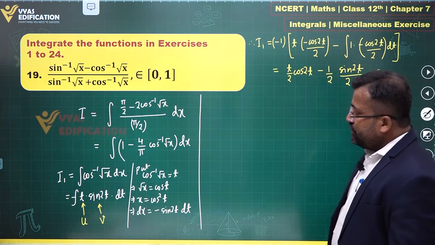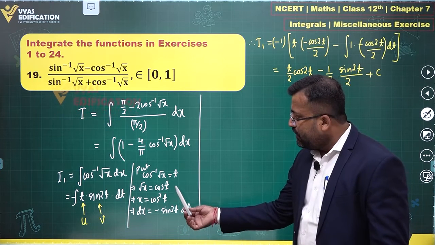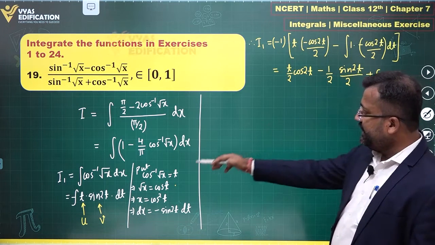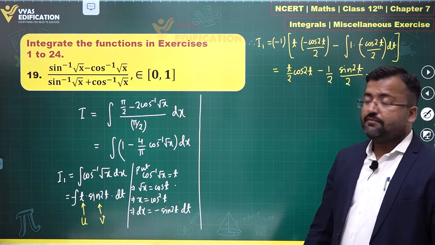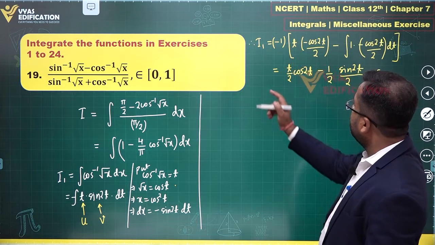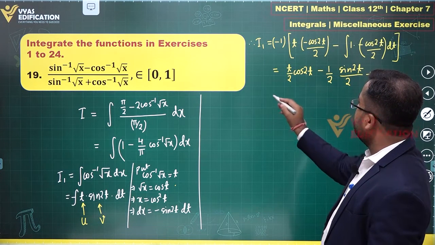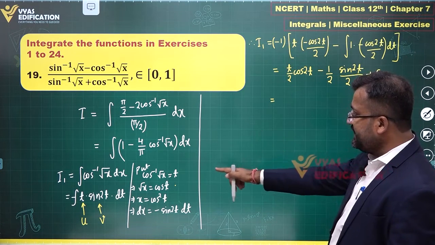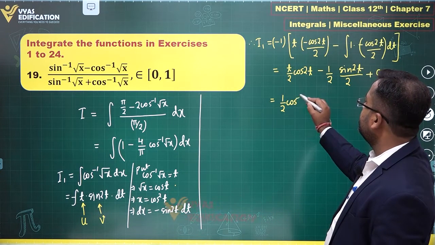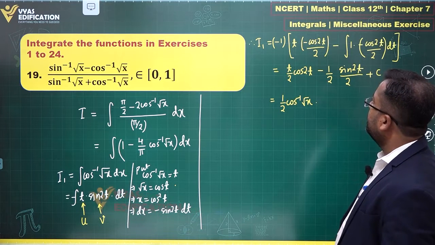And what about these cos 2t and sin 2t? We have cos t as root x, so I can write cos 2t and sin 2t in terms of cos t and then substitute root x. So this I1 will be equal to t by 2, where t is cos inverse root x, times cos 2t.